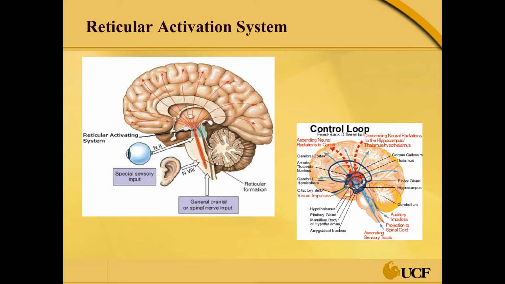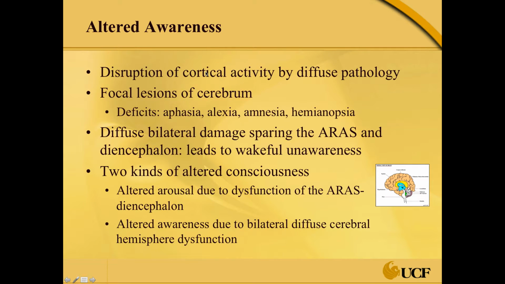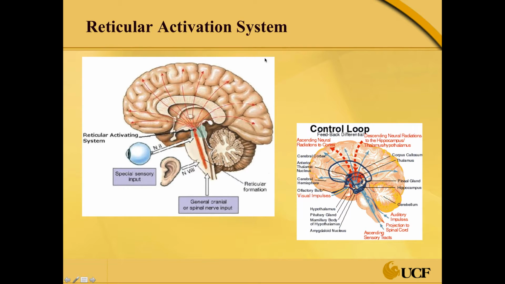This is the reticular activation system that I was talking about, the RAS. And you can see the cranial nerves that are involved here. It would make sense that the cranial nerves involved would be the ones that are associated with sensory things, right? Like sight. So cranial nerve number 2, which is the optic nerve, and then cranial nerve number 8, which is, hopefully you remember, the acoustic nerve.